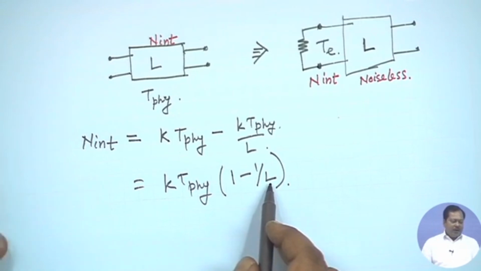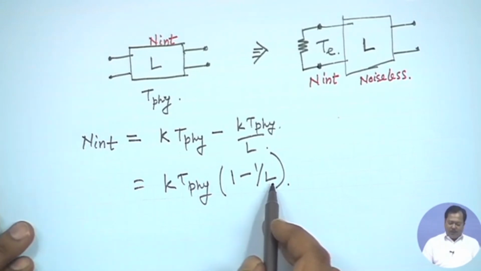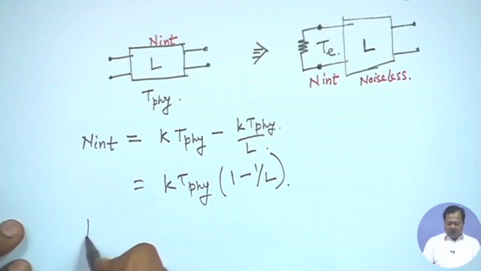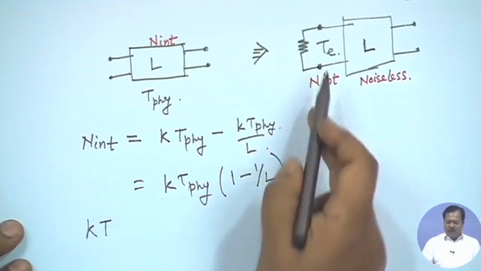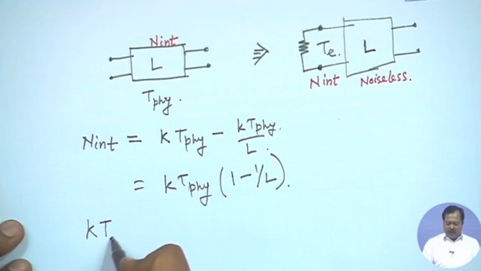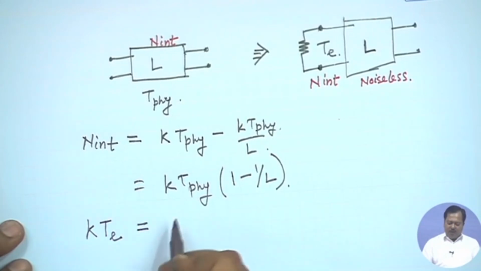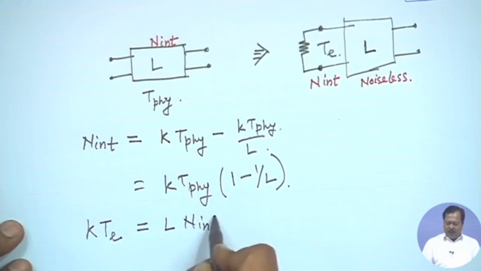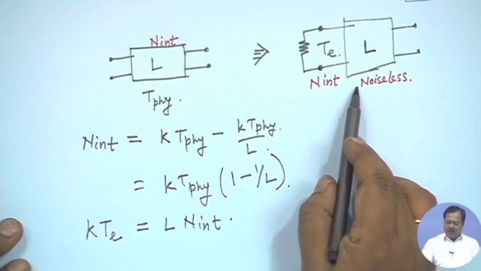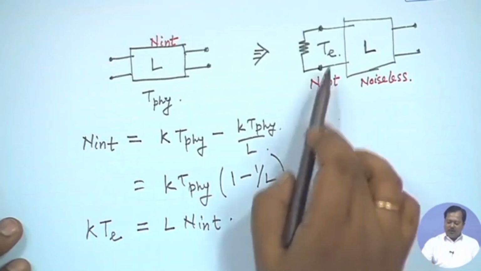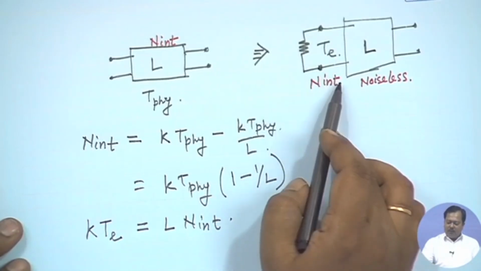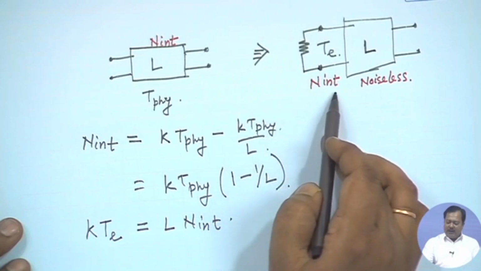Then the corresponding equivalent input noise temperature we want to calculate. So if this is Te, in that case KTe is equal to L into N internal. If I look at this second network, Te is now providing me the N internal.